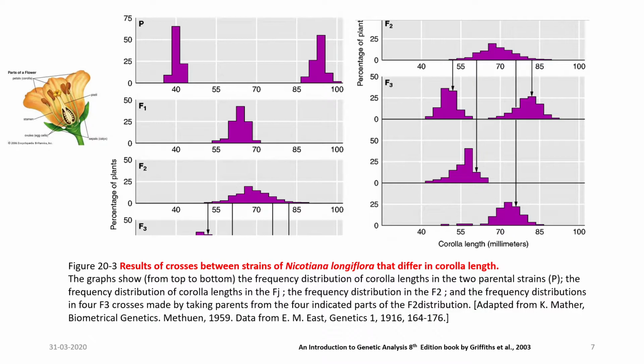If you take two populations and the length of the petals, as in this plant Nicotiana longiflora, even if the petal length is close to 65 to 70, there is variation among those genotypes.